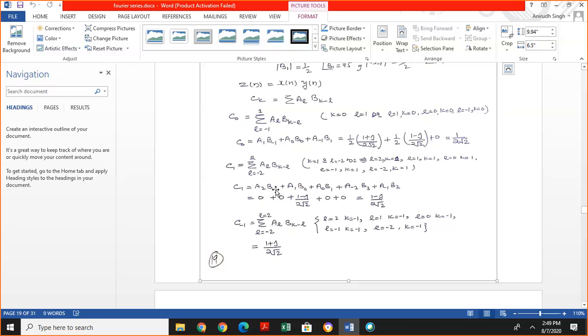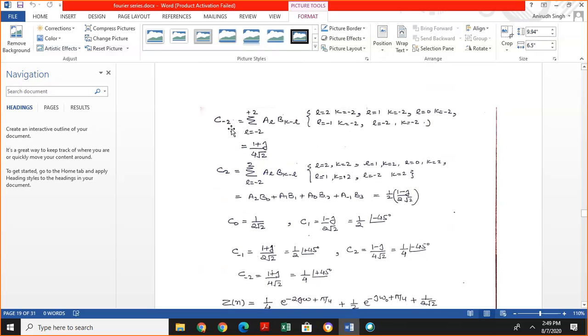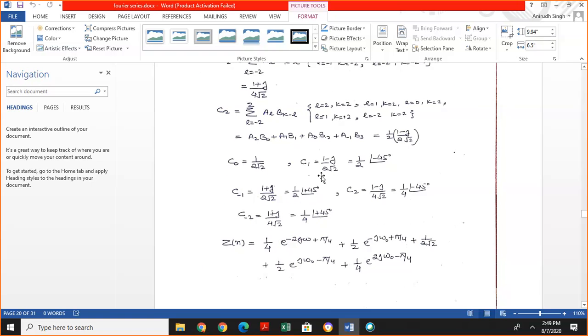Then substitute all these values in this expression, and you get the expression for C1. If you substitute the values of A naught B minus 1, A1 B naught and all these values, you get the value of C1. Similarly for C minus 2 and C2, you have to calculate all the Fourier coefficients of Zn, and if you substitute the values of these coefficients, you get the value of Z of n.